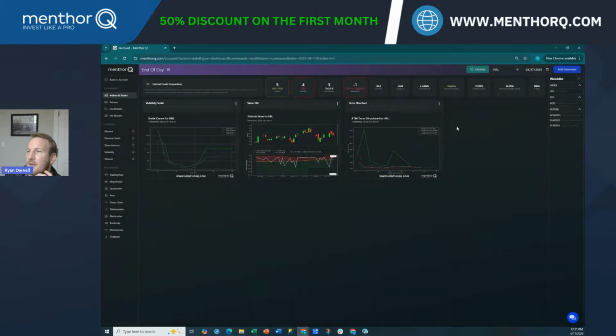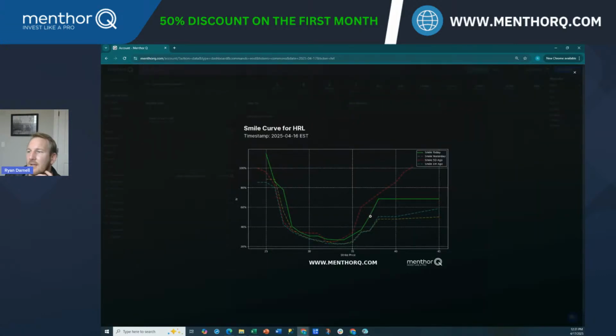I'd also check the smile here, and look at that. Look how expensive that call skew is. Unlike the other stuff we were looking at, they've got an almost symmetrical call skew. What that tells me is we've probably got earnings or a big announcement coming out soon. I haven't even checked, but this is the fun game you can play with options.